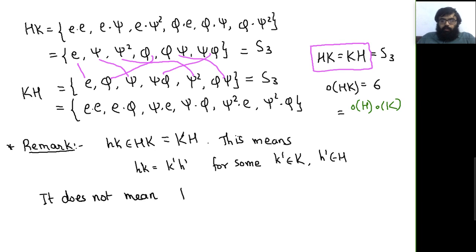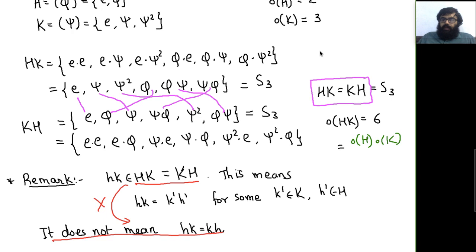See, this is a difference. If HK equals KH as sets, it does not mean that hk equals kh elementwise. So this is not true. When we take the product HK, that is S3, and when we take KH, that is also S3. They turn out to be the same, but we know phi psi is not the same as psi phi.